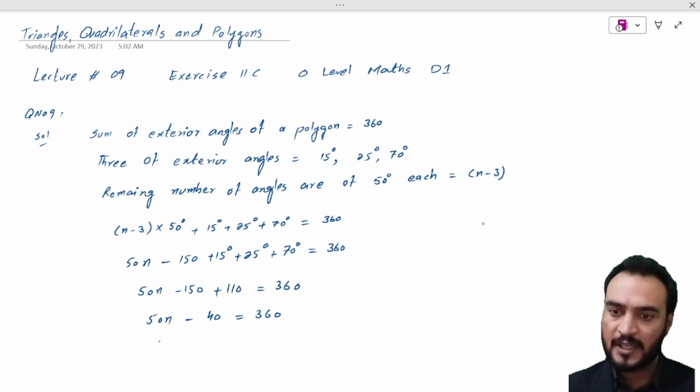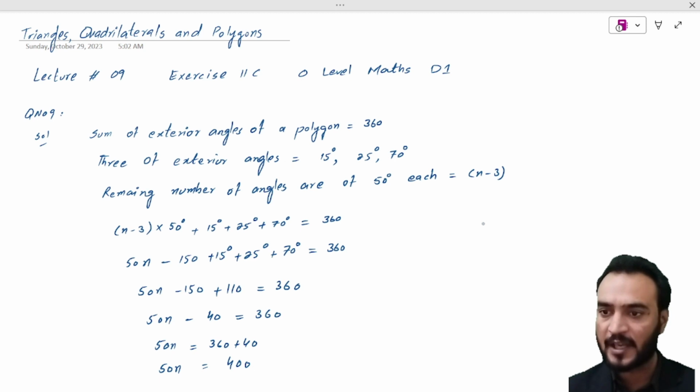We add 40 on the right side, so 50n equals 360 plus 40. 360 plus 40 is 400, so 50n is equal to 400. Dividing by 50 on the right side, we get the value of n, that is 400 divided by 50, and the value of n is equal to 8.